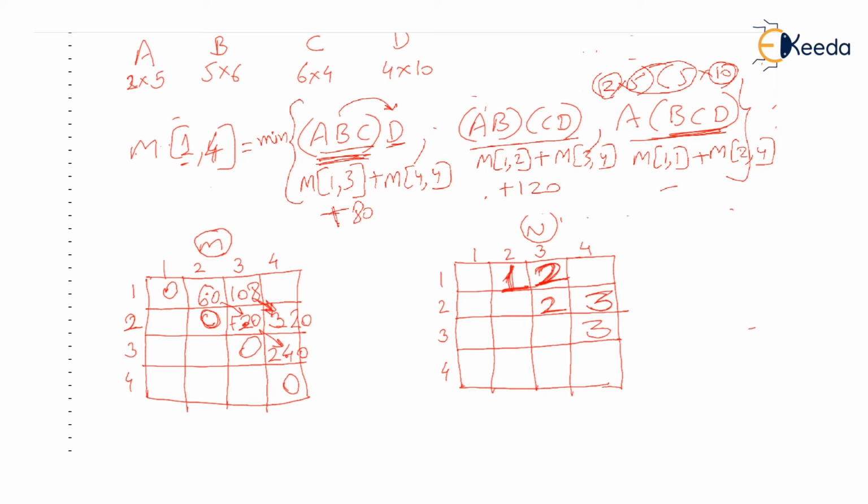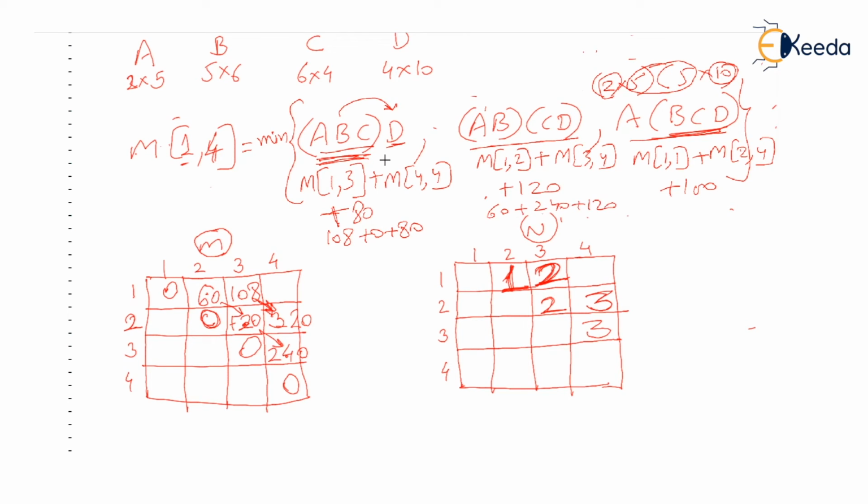Now if you compute all this, M13 is going to be 108 plus 0 plus 80. And for the second combination, M12, as you see, M12 is 60 plus M34. M34 is 240 plus 120.